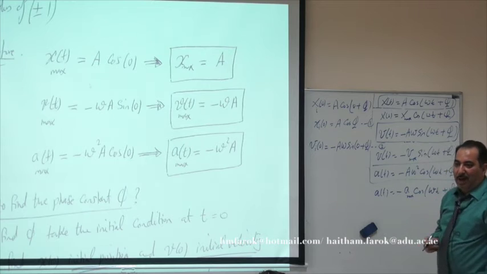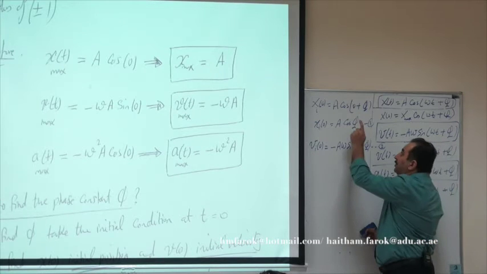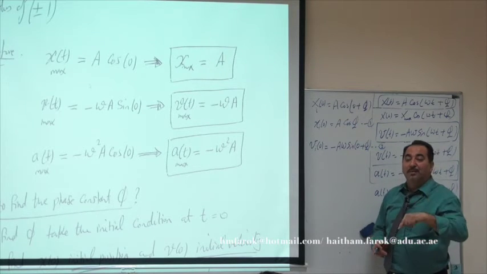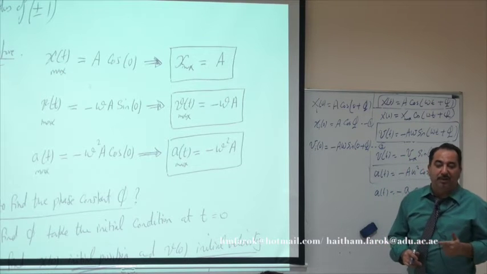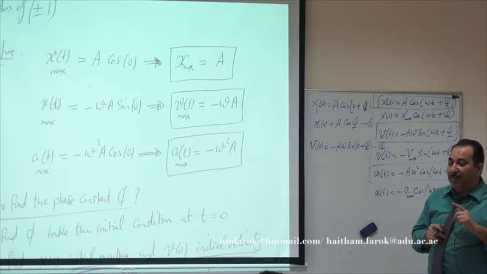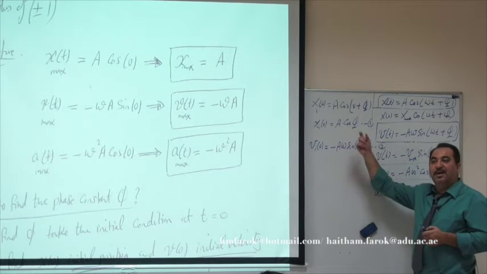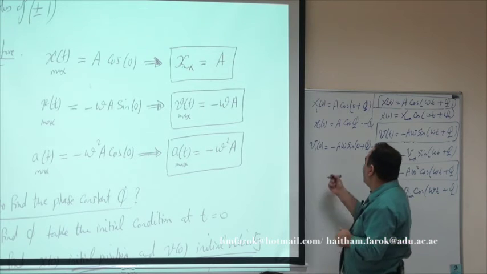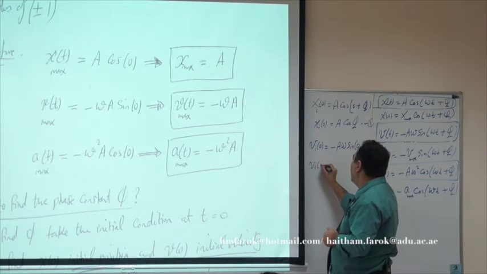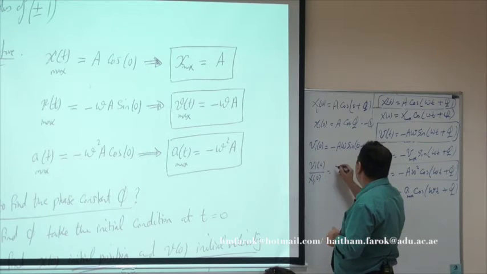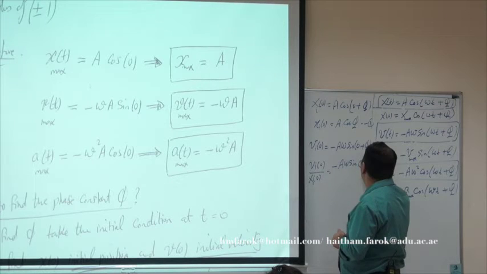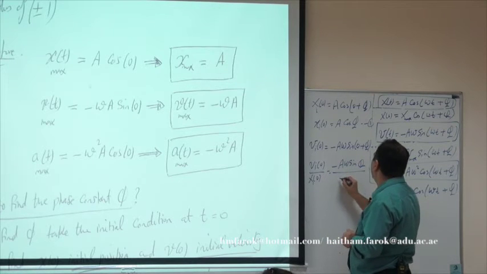Now, remember, when you have two equations, one with sine, one with cosine, how do you solve? Divide them. But divide them which way? You have the sine on the top, so you divide 2 over 1. So what we'll have? vi over xi equals minus A omega sine phi over A cosine phi.